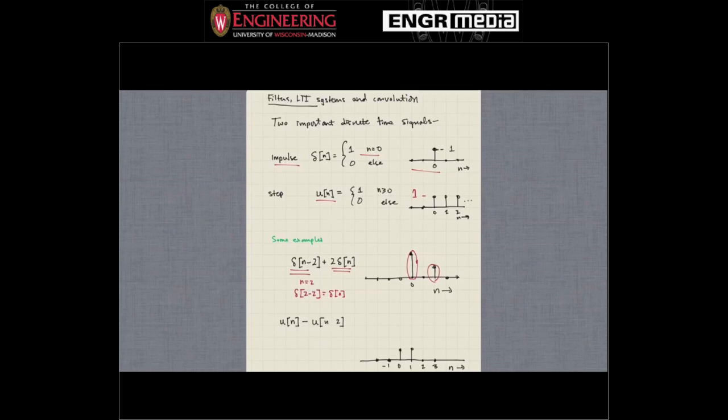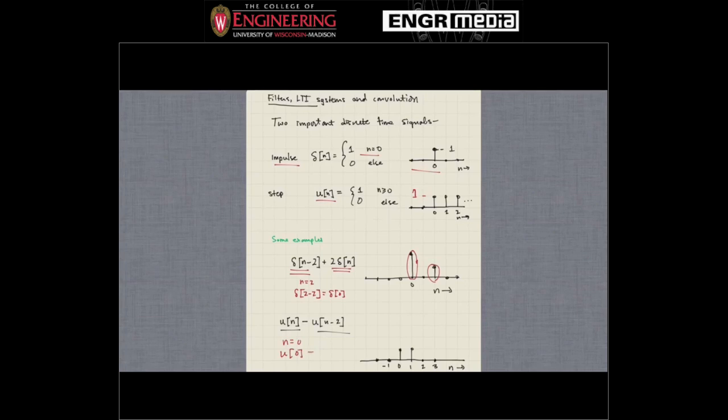I'm just realizing there's a minor typo here. What I wanted to have was u of n minus 2, not u of n plus 2. Okay, so what does this signal do, this u of n minus u of n minus 2? Well, here's what it does. If we look at the value n equals 0, then this first term is just going to be u of 0.